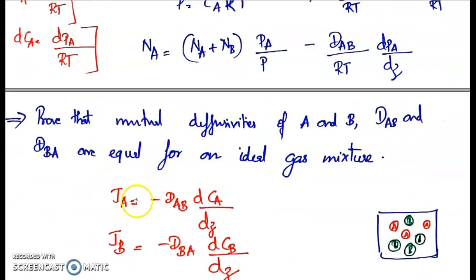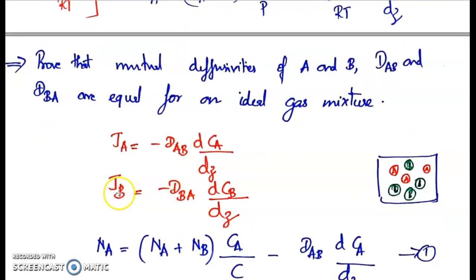So from Fick's law we have molar flux JA is equal to minus DAB into dCA by dZ. So the molar flux of B, that means the flux with which B is moving, is equal to minus DBA into dCB by dZ. The system that I've assumed is an ideal gas mixture of A and B in a vessel of uniform volume.